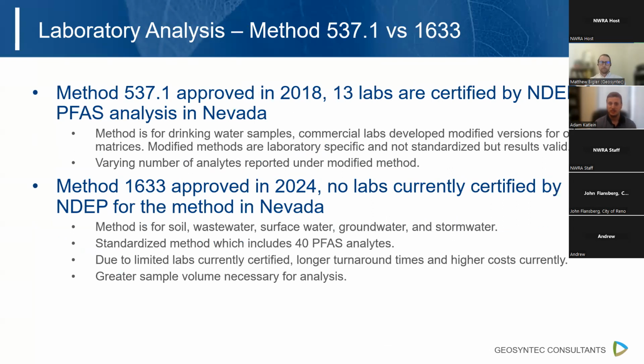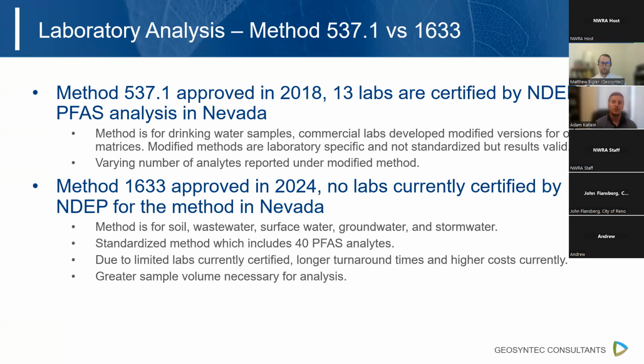I also wanted to include 1633, the newest method, but just to give a comparison of 537.1 versus 1633: method 537.1 was approved in 2018, and 13 labs are currently certified by NDEP, Nevada Division of Environmental Protection, for PFAS analysis.